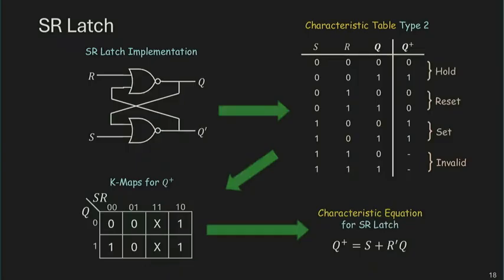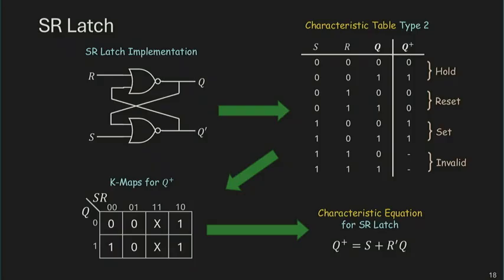And I expect you to be able to do conversion between these representations. Starting from the implementation, you can put down those values 0, 1, 1, 0, 0, 0, and then follow through the circuit, doing this execution until it stabilizes, to derive the characteristic table. That table, you can also show as a K-map, again to represent the next Q value based on the current Q and the current inputs.